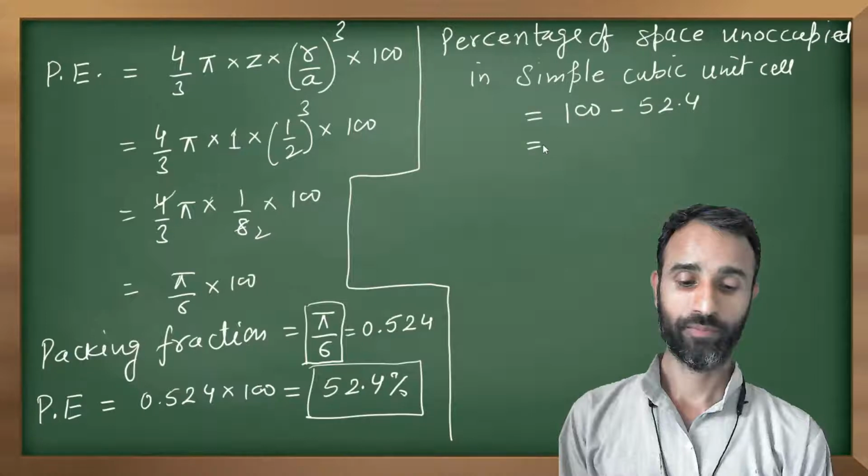So it comes out to be 47.6. So this is the percentage of the space unoccupied in simple cubic unit cell, 47.6%.